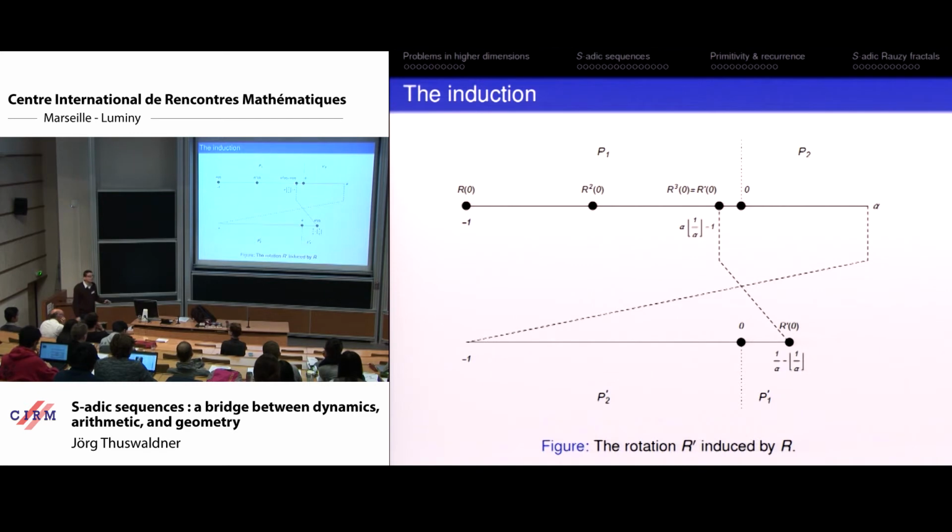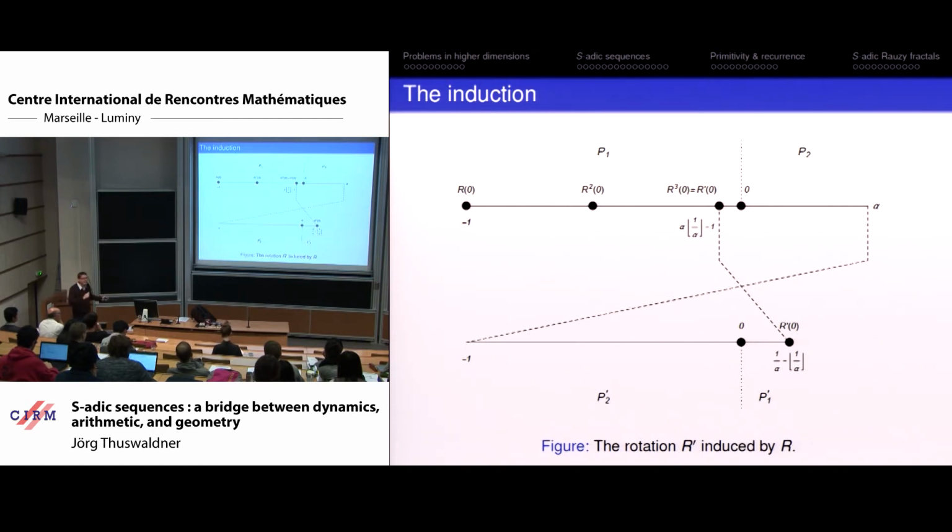And what you find is that the natural codings of those two rotations, two infinite words, are related to each other by substitution. So this word here is a desubstitution of this word. Or put it in the other direction, if you substitute this word, you end up in this word.